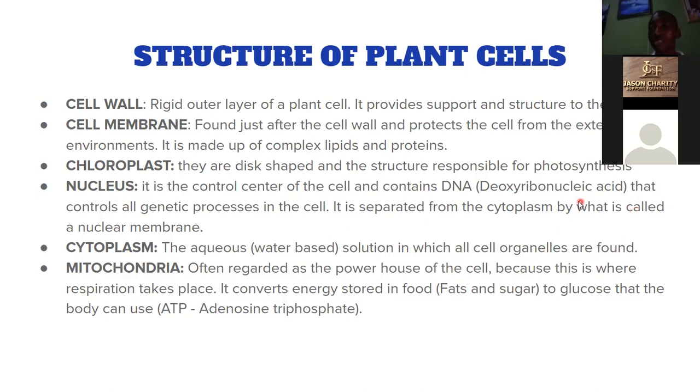So inside the DNA, you'll find genes. Inside the genes, you'll find amino acids, and amino acids are forms of proteins. Are you with me? What separates the nucleus from the cytoplasm is what we know as the nuclear membrane.